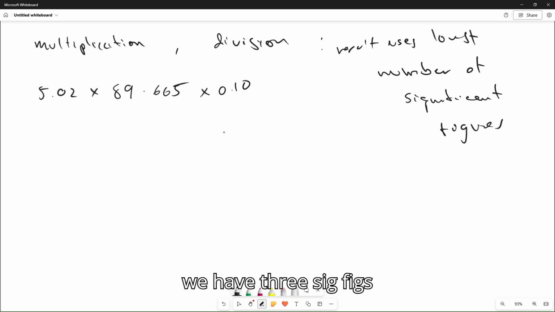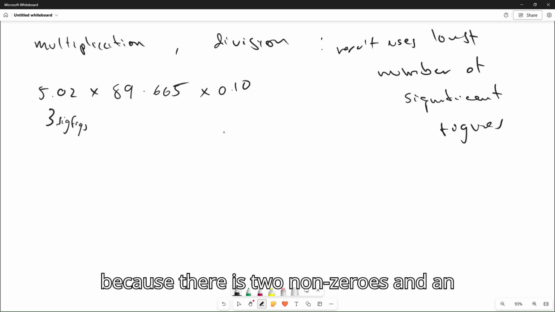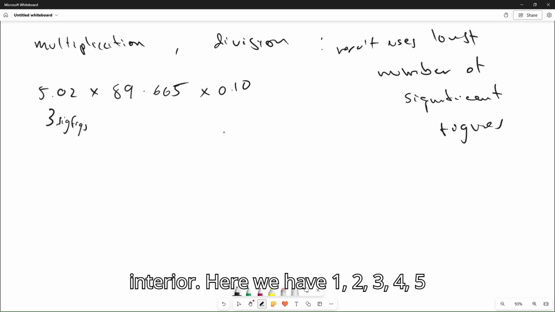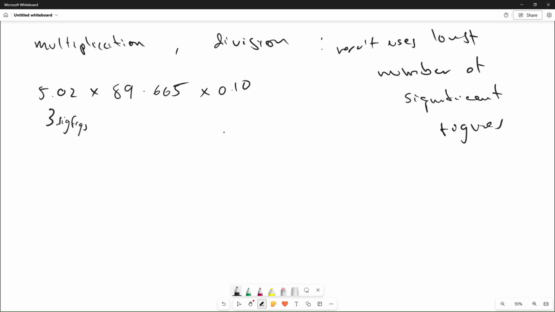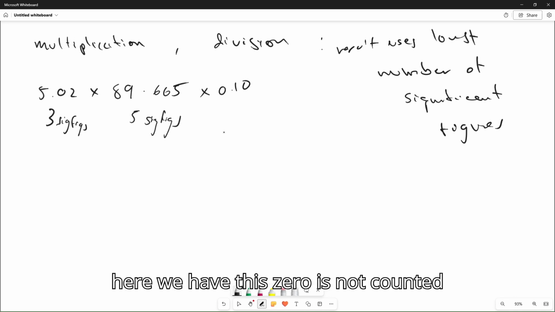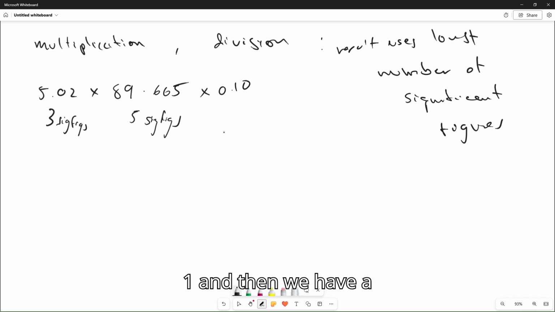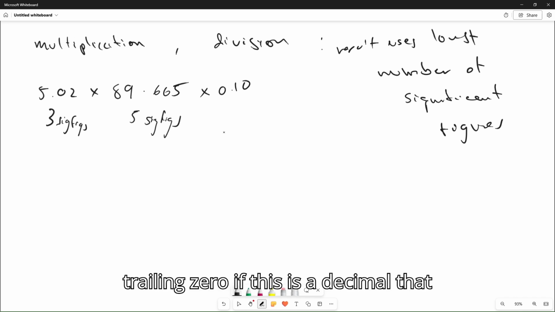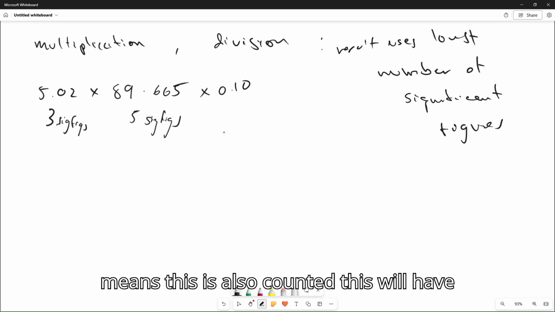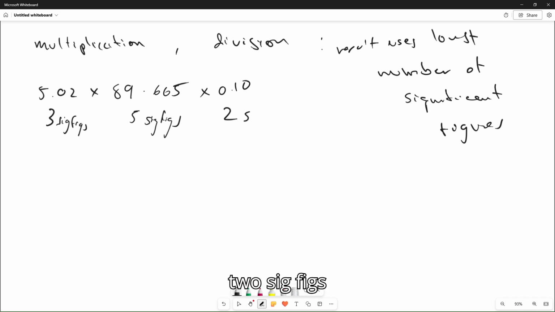Here we have 3 sig figs, because there are 2 non-zeros and an interior zero. Here we have 1, 2, 3, 4, 5. Here the first 0 is not counted, then 1, and then a trailing 0. This is a decimal, so the trailing zero is also counted. This will have 2 sig figs.